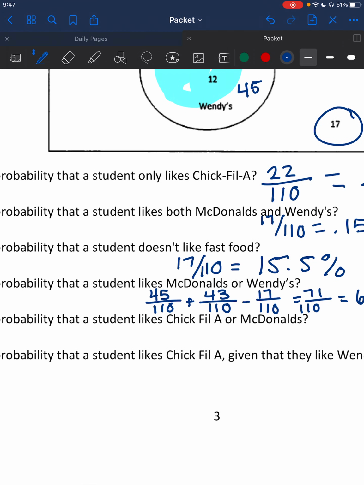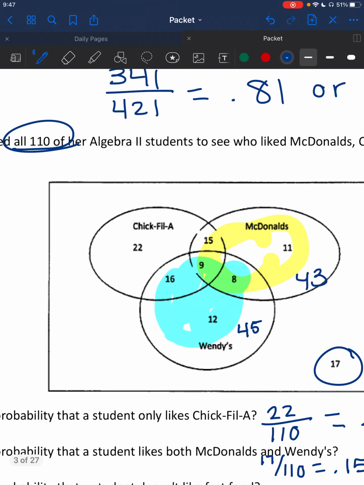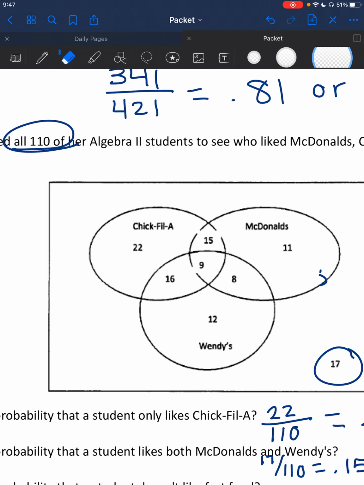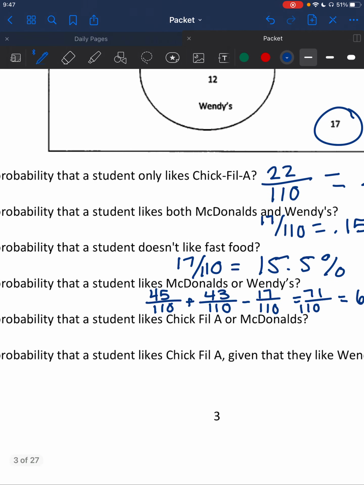Then we're going to do the same thing with Chick-fil-A or McDonald's. So I'm going to add up. We already know McDonald's is 43. Then I'm going to add up Chick-fil-A's, and I get 62. So I have 62 out of 110 plus 43 out of 110.